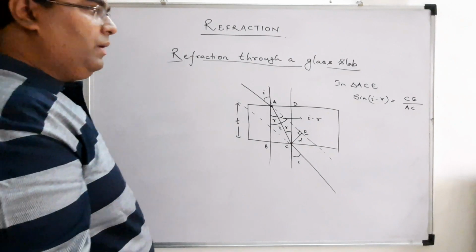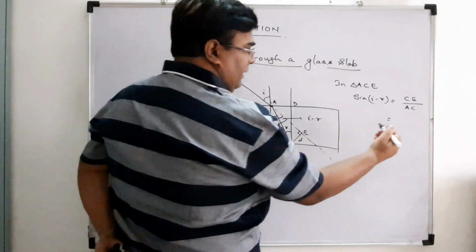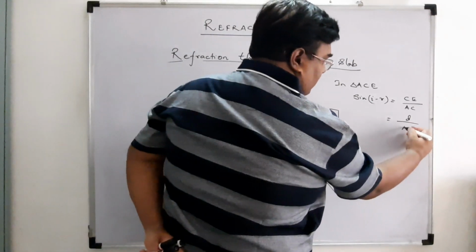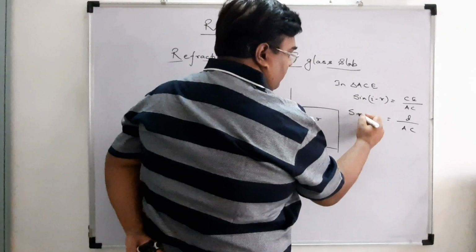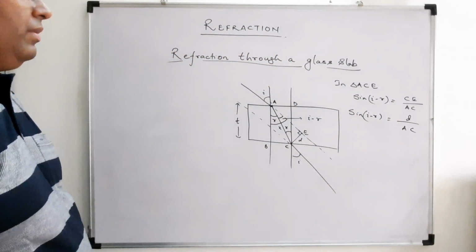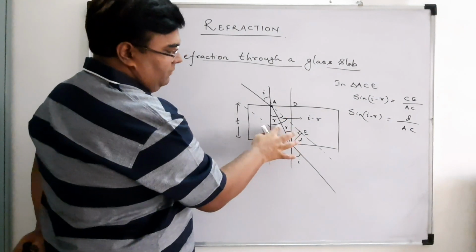Correct, using trigonometry. So what is CE? CE is my lateral displacement, which is D, and AC we don't know yet. Let us keep it like this. Now we want to find our AC.